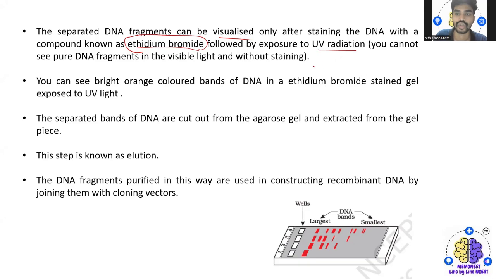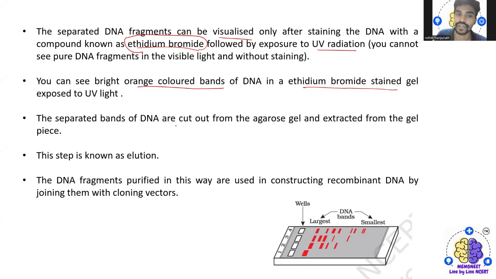You cannot see the pure DNA fragments in visible light without stain, which is why we stain them. After staining, we expose it to UV radiation, where we can see brighter orange colored bands of the DNA and ethidium bromide stain when exposed to the UV light.